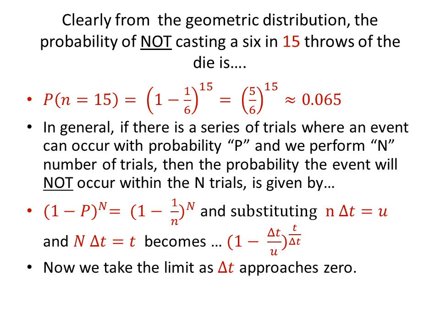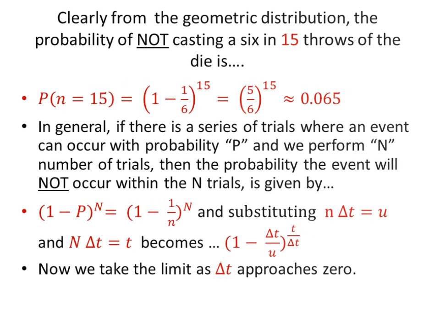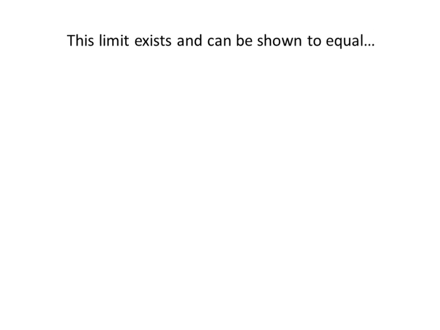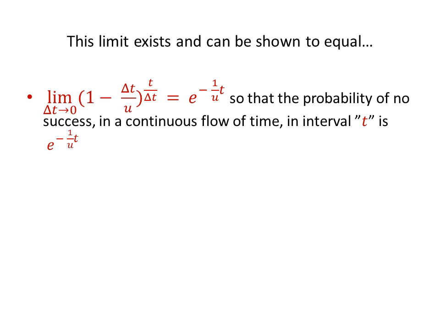Now, we take the limit as delta t approaches 0, and, well, of course, this limit does exist and can be easily shown to equal e to the negative 1 over u times t, so that the probability of no success within the time interval is equal to e to the negative 1 over u times t. T is the length of the interval. U is the mean time until success.